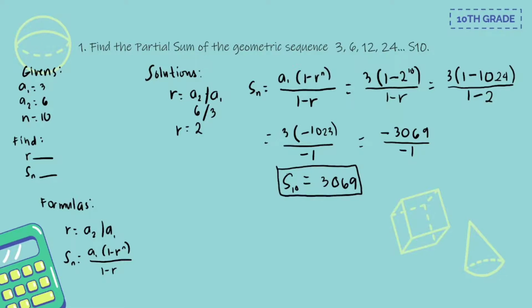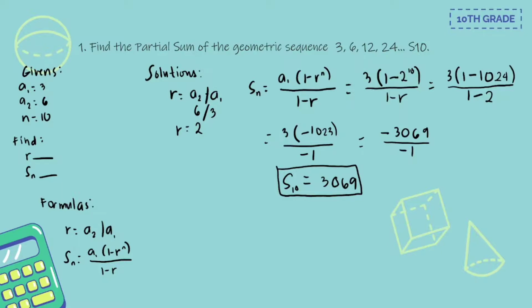So the partial sum of the geometric sequence 3, 6, 12, 24 is 3069. Okay? So if you have questions, you can comment down below.